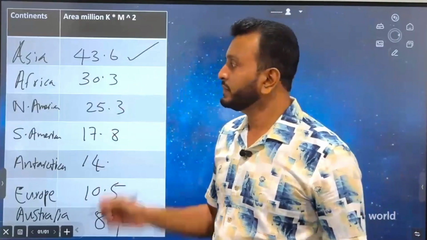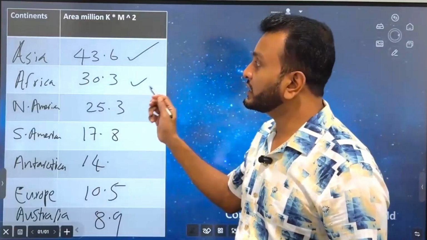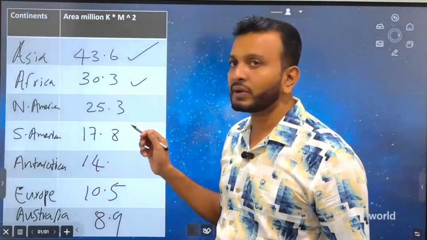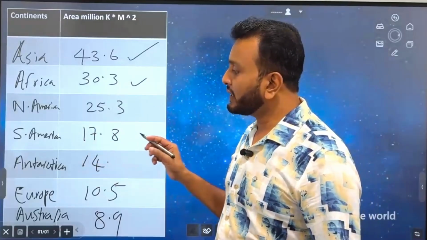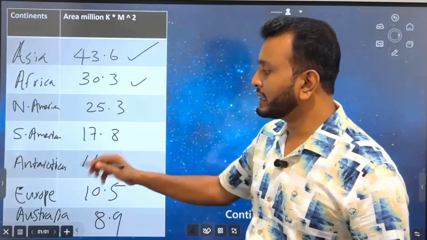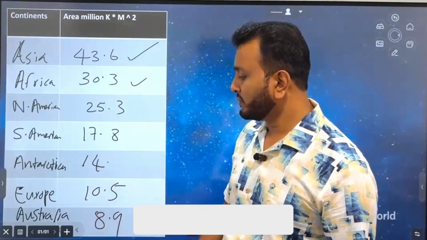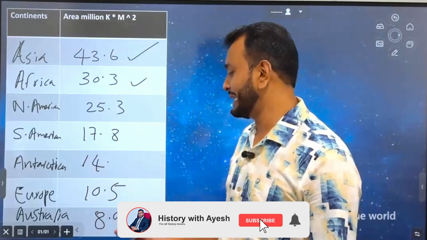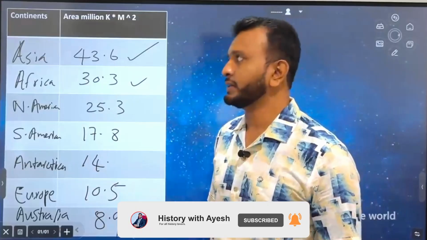Africa is the second largest continent, 30.3, and North America is the third largest, 25.3. South America is the fourth largest, 17.8, Antarctica 14, then Europe 10.5. The smallest continent in the world is Australia, 8.9.